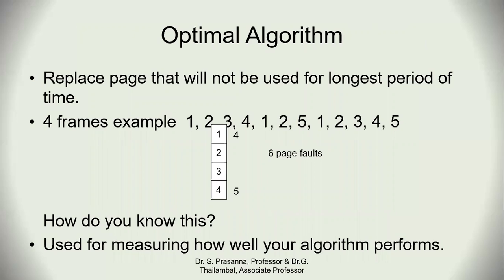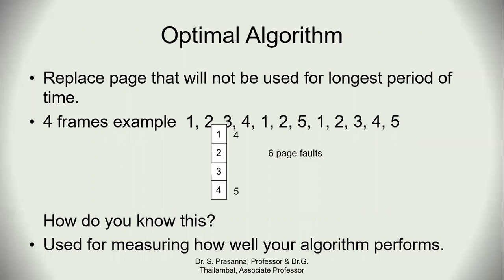So what is the optimal algorithm? This is the next page replacement algorithm. The first one was the first in, first out page replacement algorithm. And now we are going to see the optimal algorithm. So what the optimal algorithm does is, instead of taking the first arrived page as the victim, you replace the page that will not be used for the longest period of time.